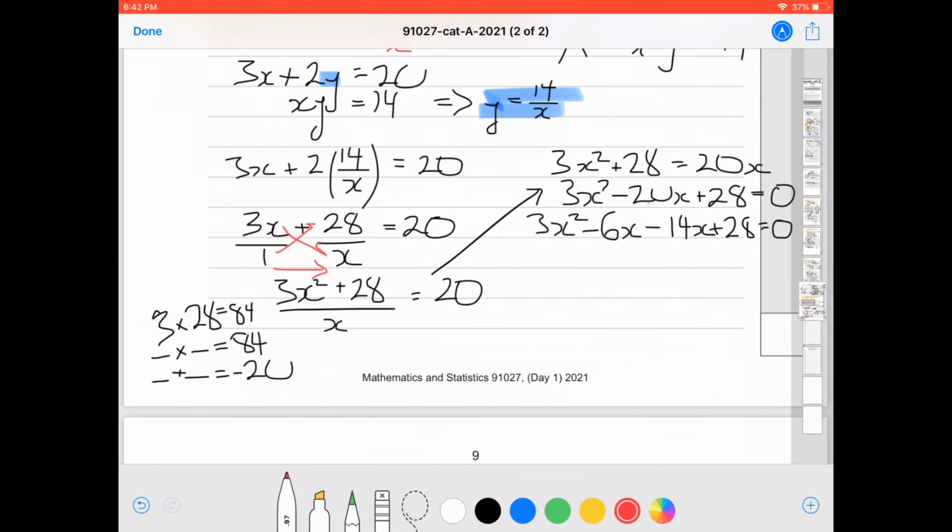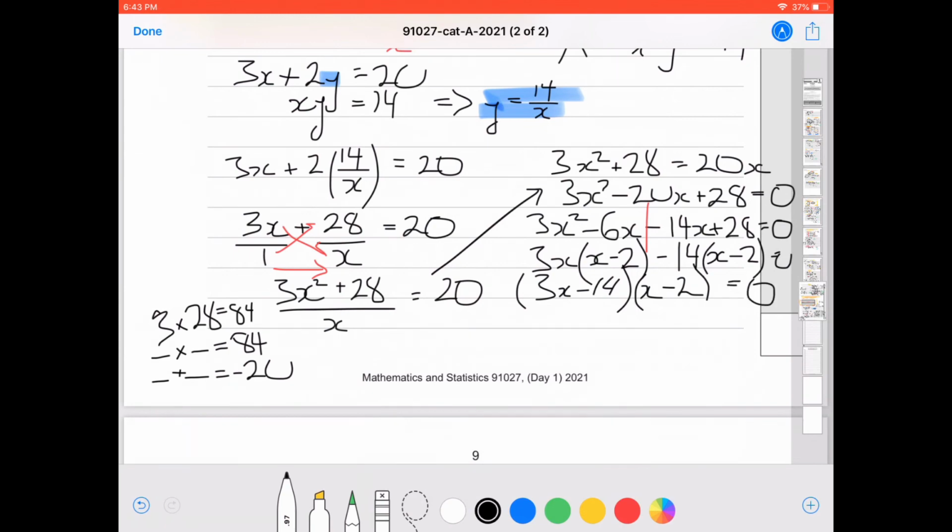So, splitting the quadratic in half, we factorize the left-hand side. 3x and x minus 2 is a factor, then minus 14 and x minus 2, all equals to 0. So 3x minus 14 becomes a factor, and x minus 2 is our second factor. All equals to 0, so we can straight away say x equals positive 14 over 3 or positive 2.